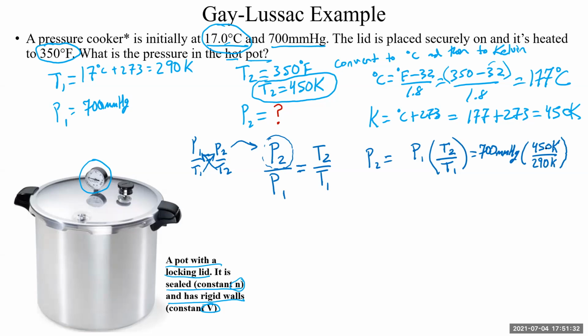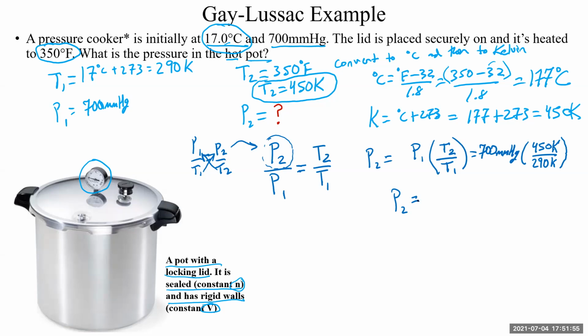So we can already see we're going to have a fraction that's greater than 1. Does that make sense? Yeah, it makes sense because we're raising the temperature. We should expect to multiply the 700 pressure by some fraction greater than 1, which will increase our pressure. Our final pressure should be higher because we've increased the temperature. They're directly proportional.